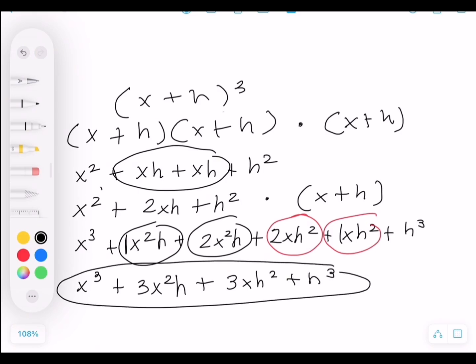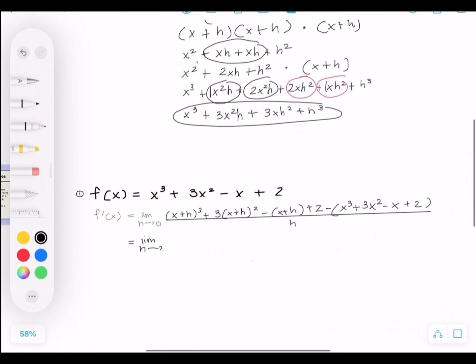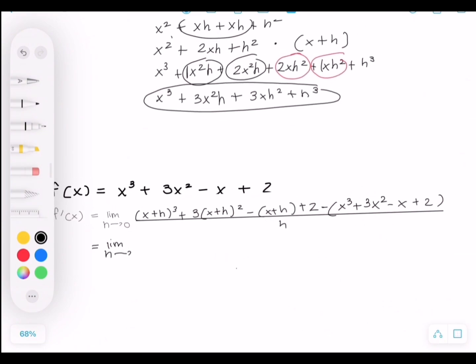So this is your answer for the cube of a binomial. So we copy it here. So you get x cubed plus 3x squared h plus 3x h squared plus h cubed. Now we have this. We will be moving on to the next.